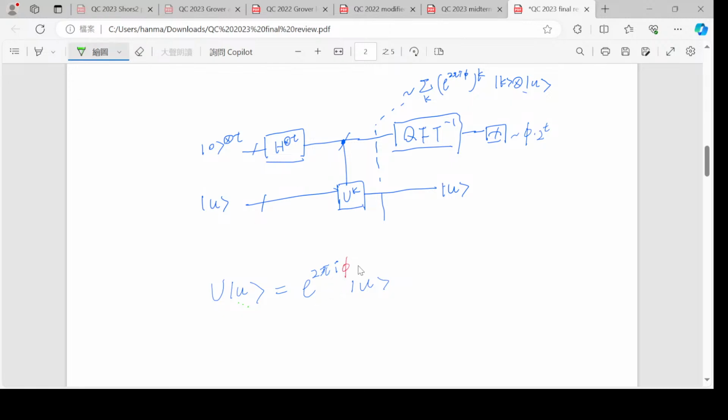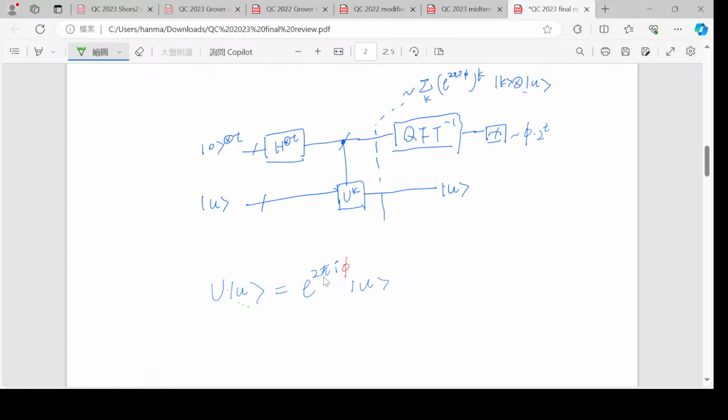So phi is the phase. We have these two quantum objects, and we want to find this phi, which is a classical value but related to these two quantum objects. We are given one copy of this U, and we are able to do controlled-U, and then we want to find the phase associated with the eigenvalue here.